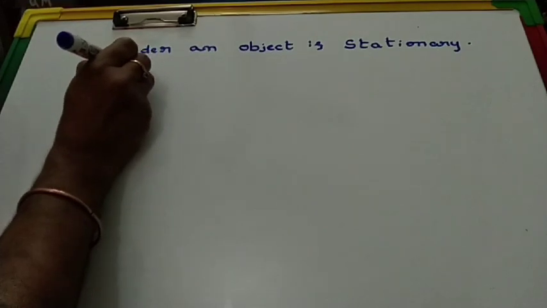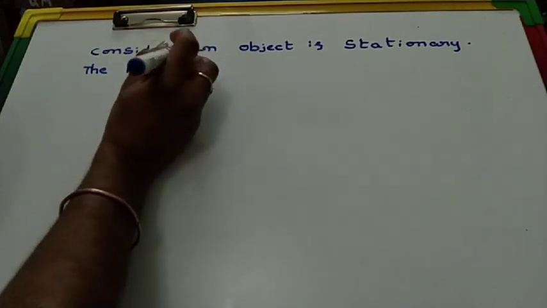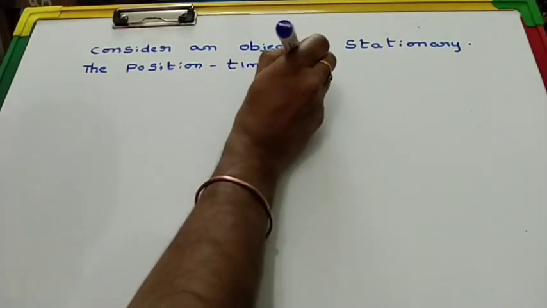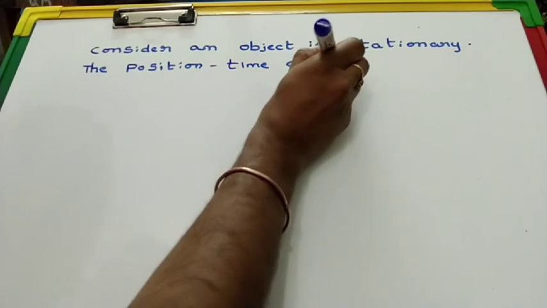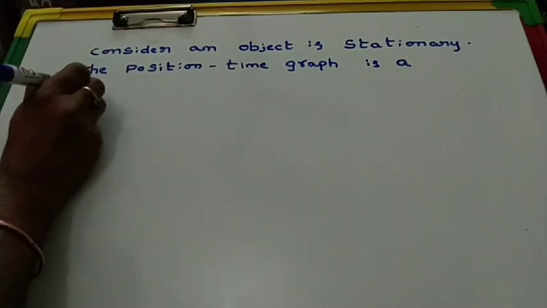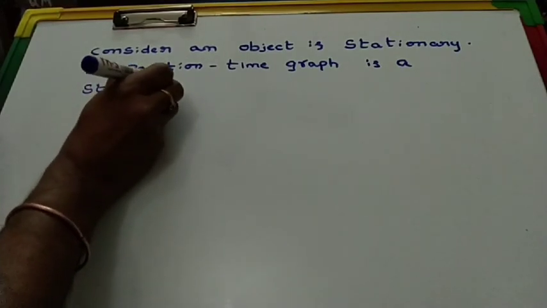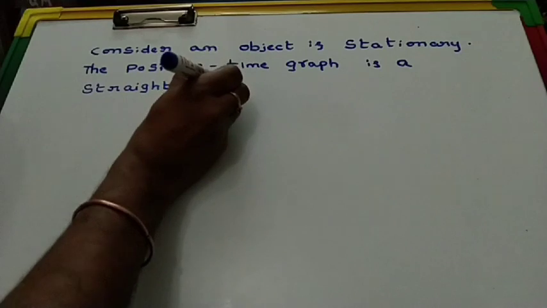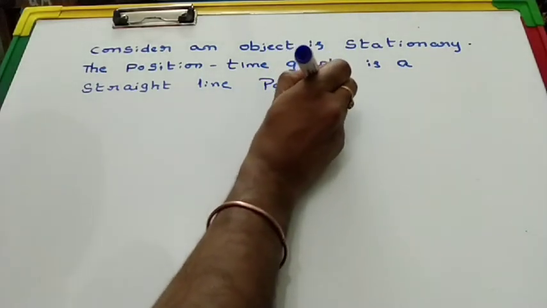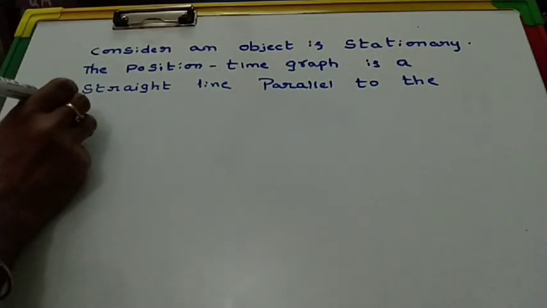The position time graph is a straight line parallel to the time axis.